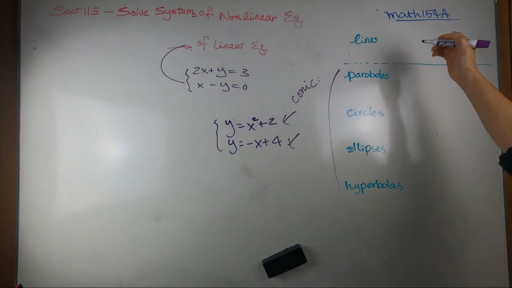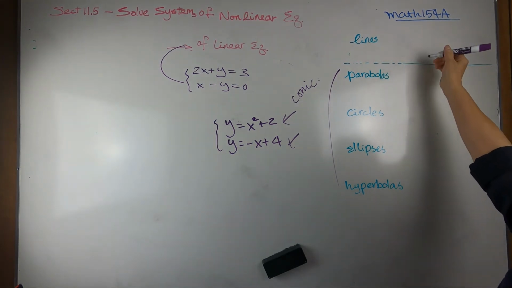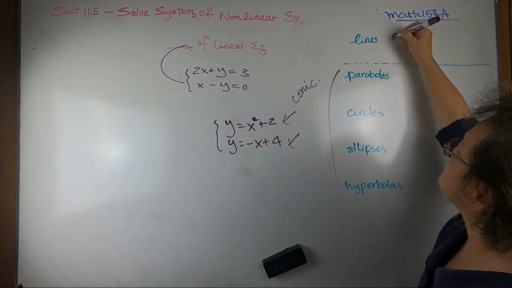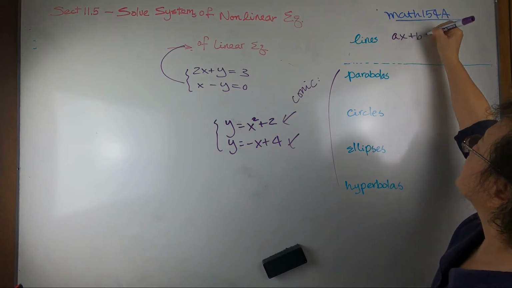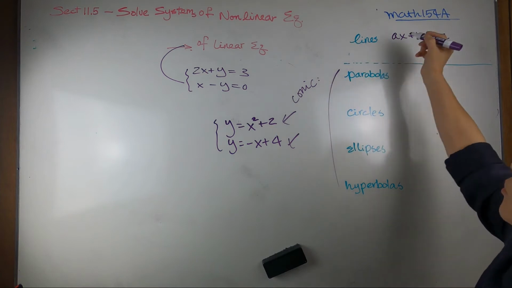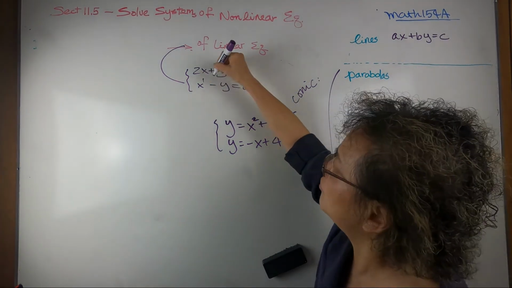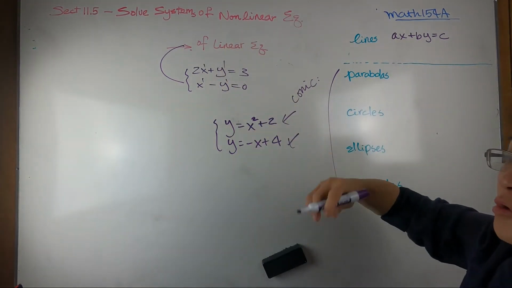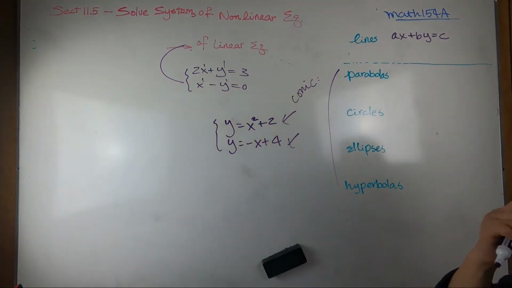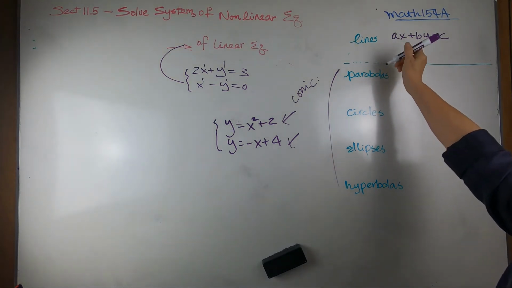So we have learned linear things, lines. What's the formula of a line? The standard form is Ax plus By equals C, where x and y have just power one. So when you graph it, it becomes linear. It doesn't bend.